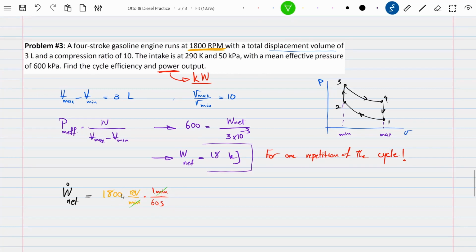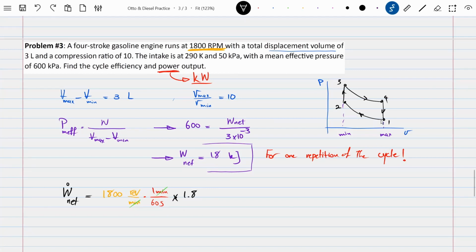Very good. So 1800 divided by 60 is the number of revolutions per second. So if, theoretically speaking, I multiply this by the work output for one cycle, which is 1.8, then I should be good, right?